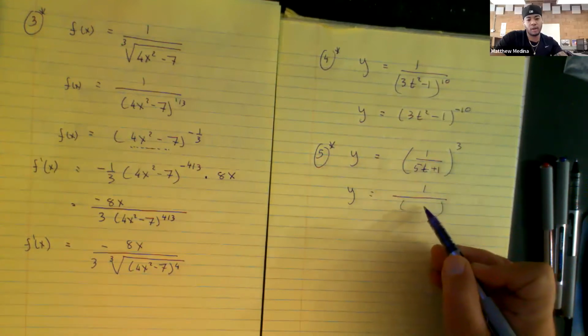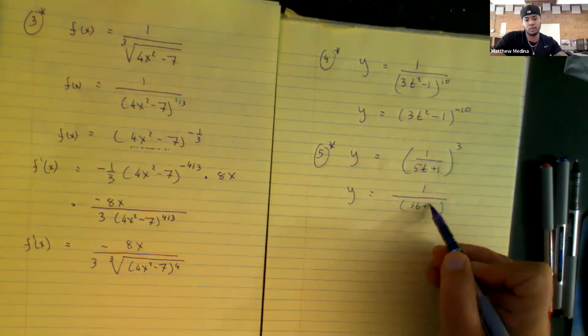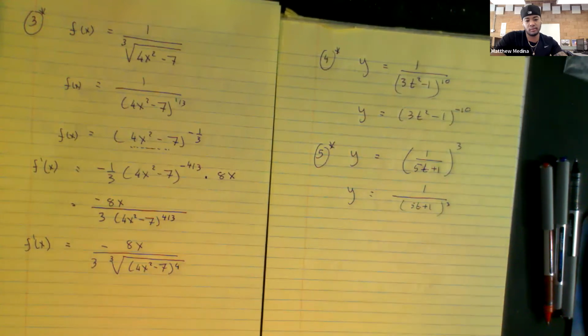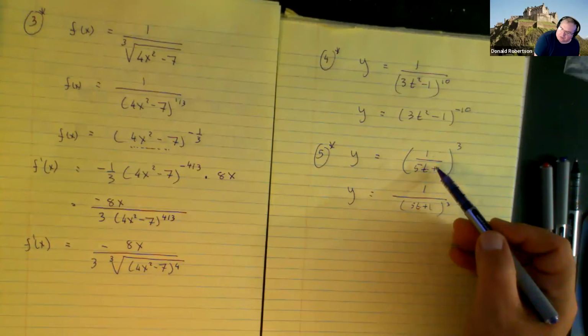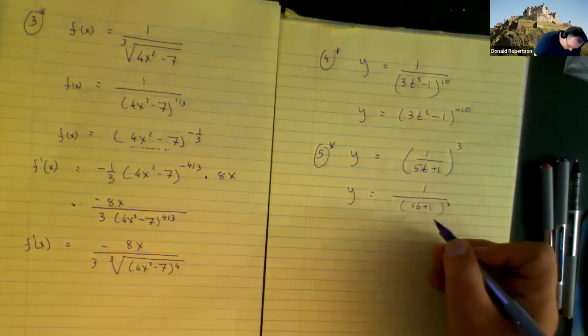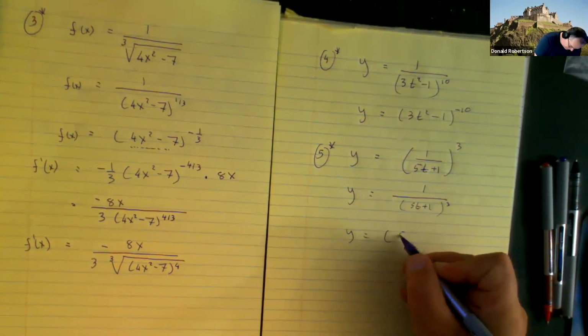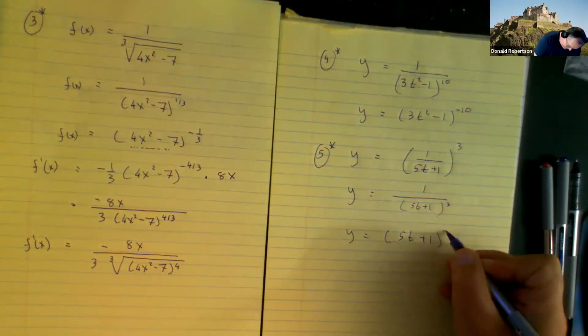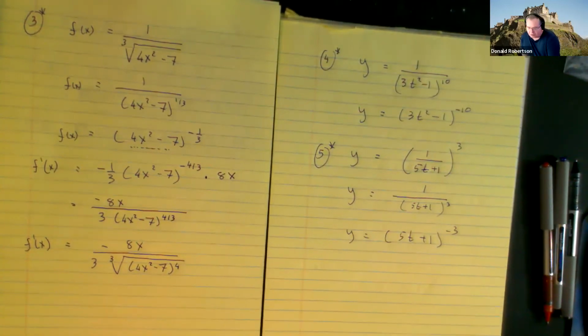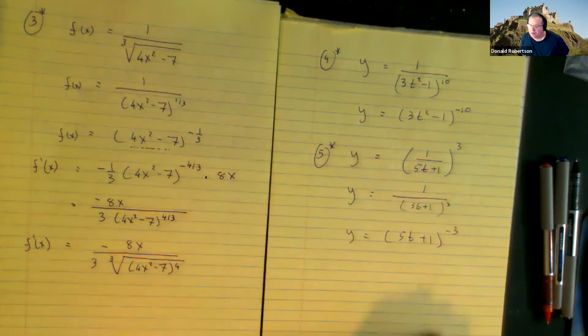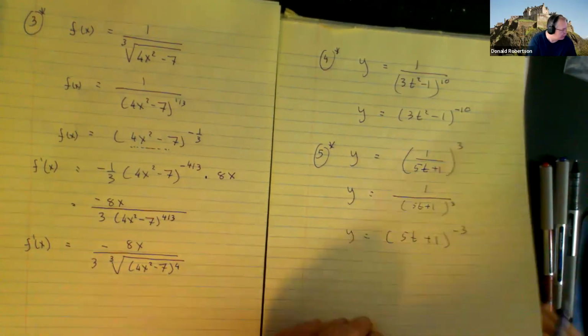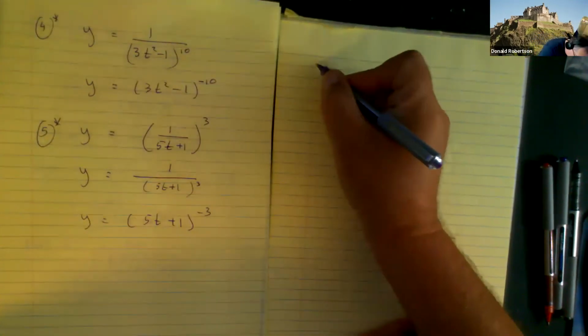It'll still be the 5t plus 1, but then you'll cube that. Would you agree that that's equivalent? It's actually 1 cubed over that guy cubed, but 1 cubed is 1. Now, would you agree that's much cleaner and easier to differentiate than if you just work with what you'd started with? And that differentiates quite nicely.